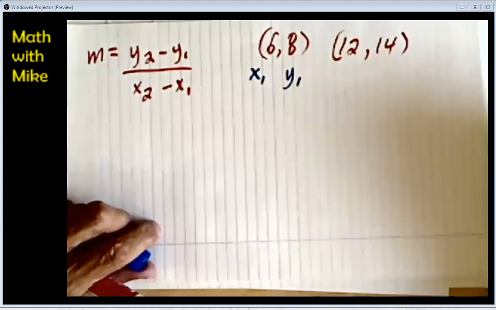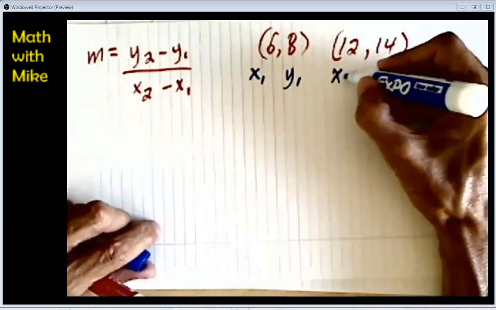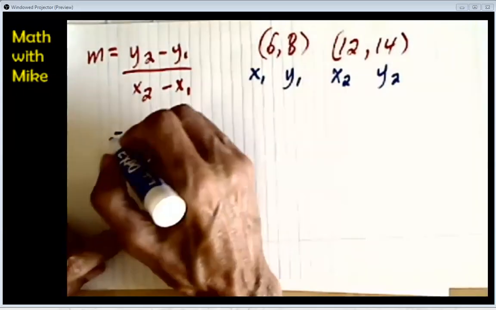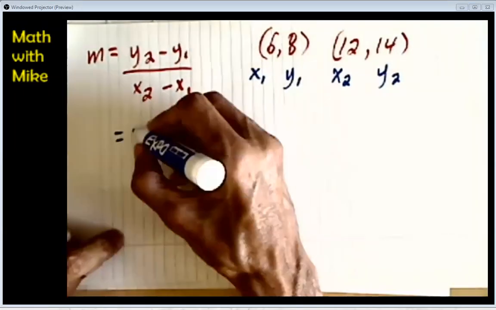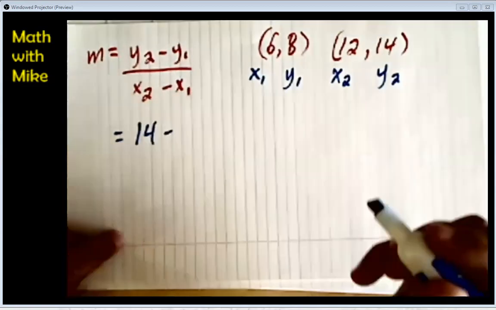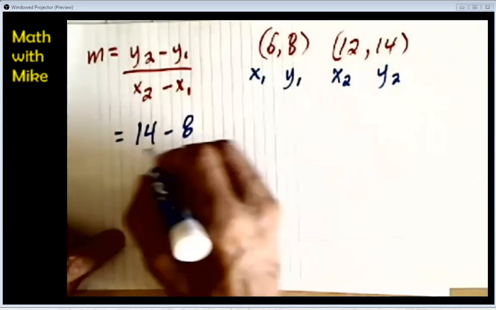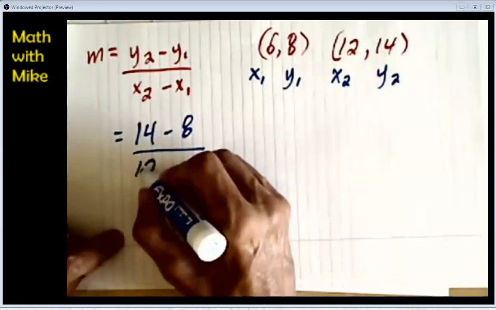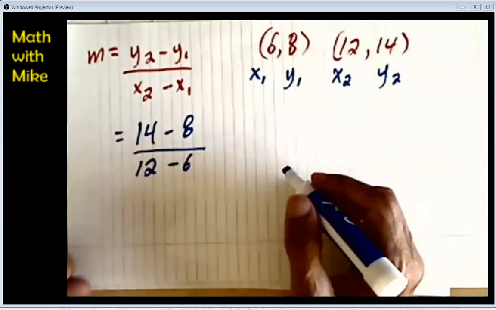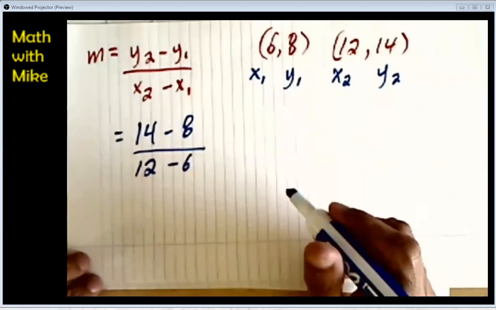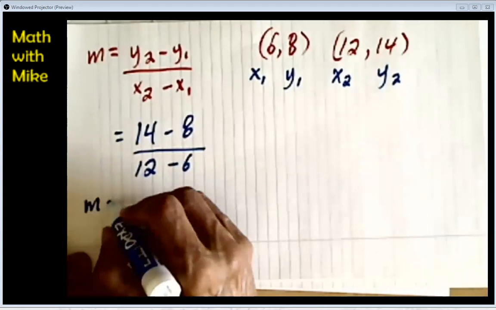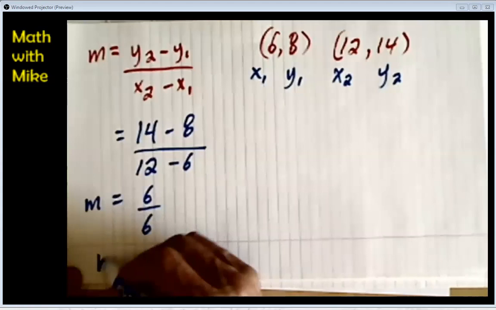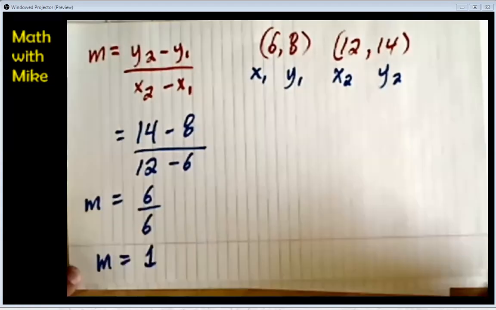So I'll call it x1, y1, x2, and y2. So you can substitute those in. 14 minus 8 on the top, and then on the bottom, 12 minus 6, true? True. This ends up being 6 over 6, which means the slope is equal to just 1, that's right.